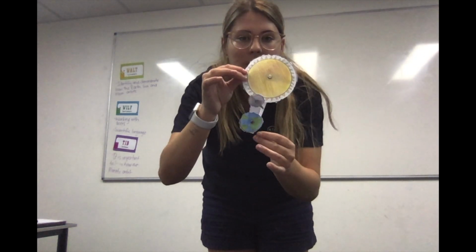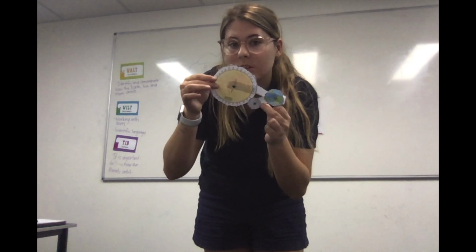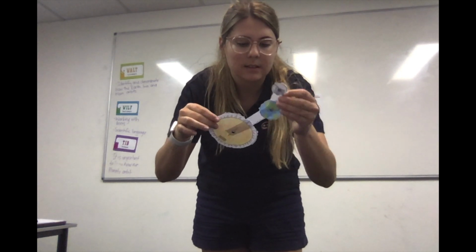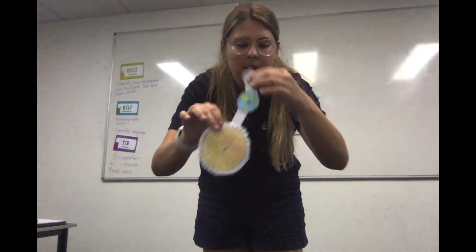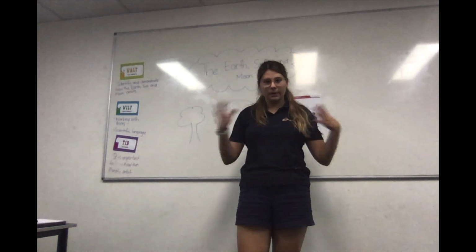Here, I'll just show you that, and we'll move that around. By doing that, as you can see, the sun is able to reflect onto the moon, which will create our moon phases.